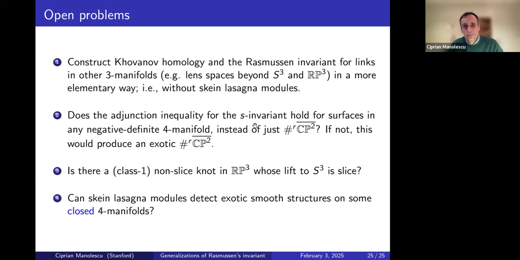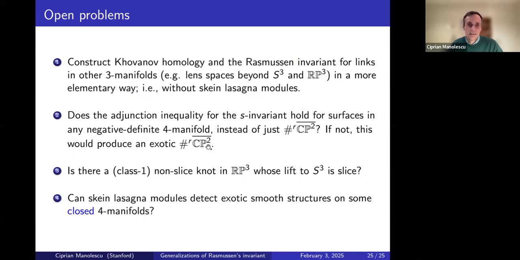So there is this hope that maybe if you could show that the S invariant satisfies the inequality we had for surfaces in this manifold. There are examples of potentially exotic CP2 or a potentially exotic S4. And if you could find a knot that bounds a surface, you just have to construct it, and it violates that same inequality, then you would show that that manifold is exotic, right?